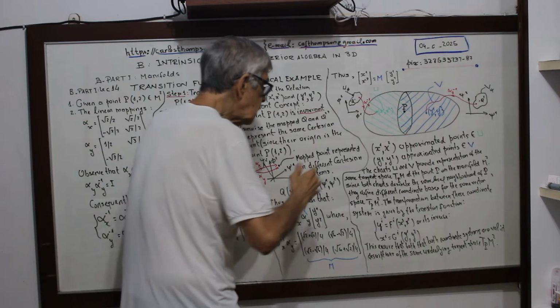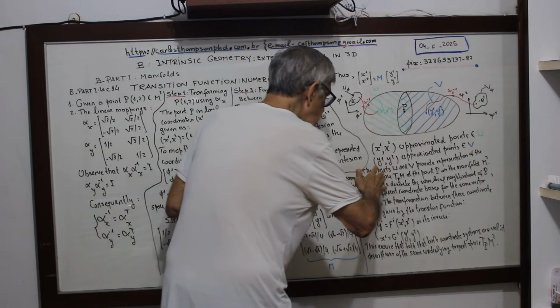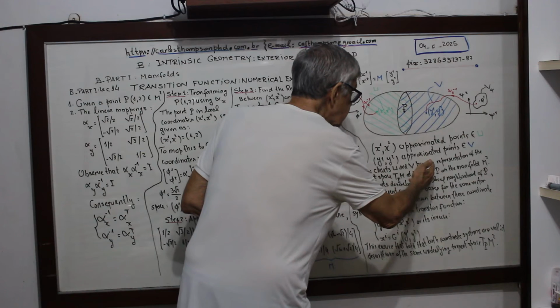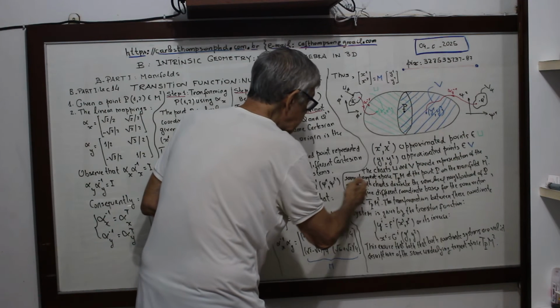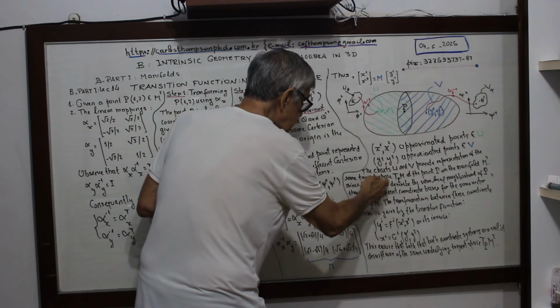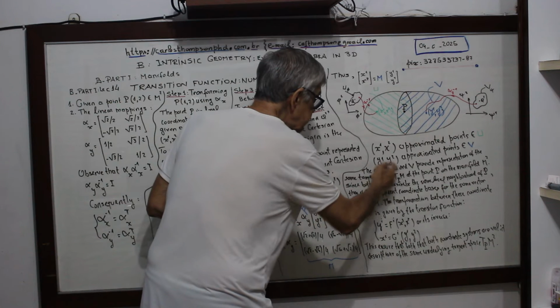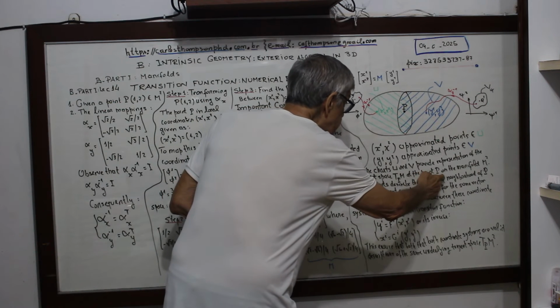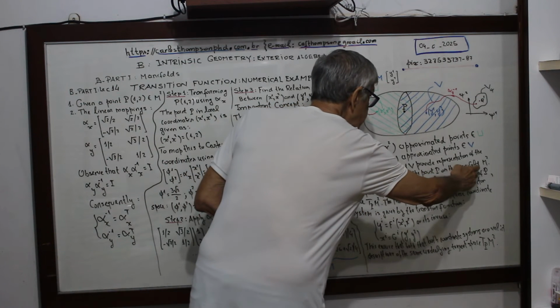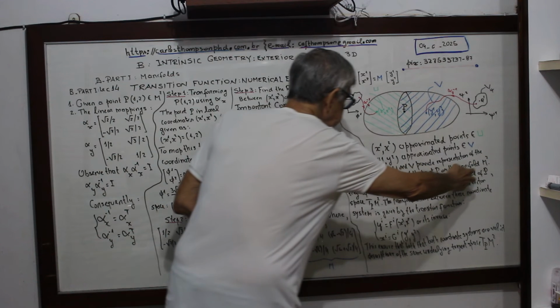Now, then I repeat, the charts U and V provide representation of the same tangent vector space TPM, of the point P on the manifold, in this case M2.